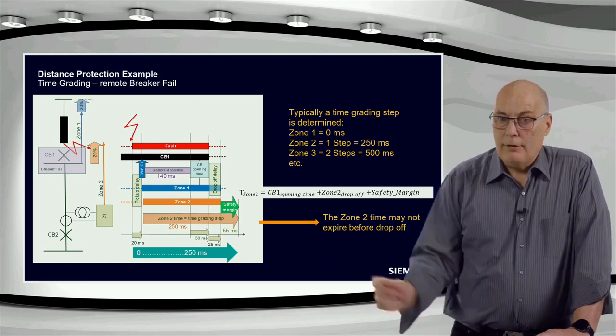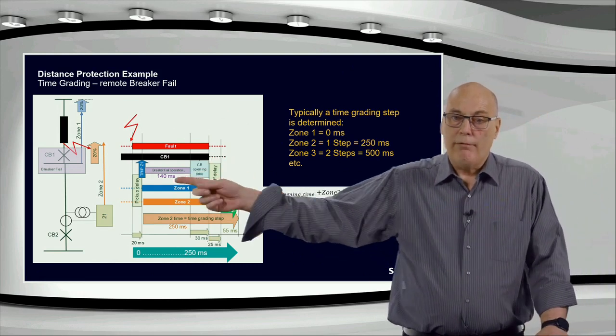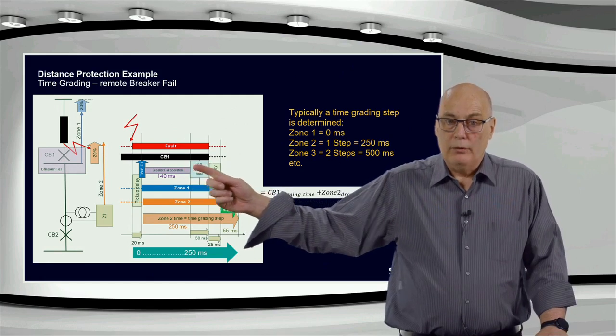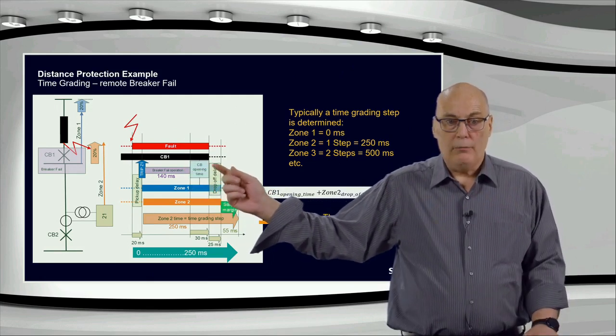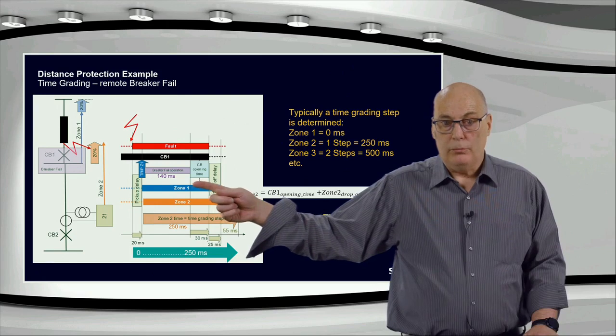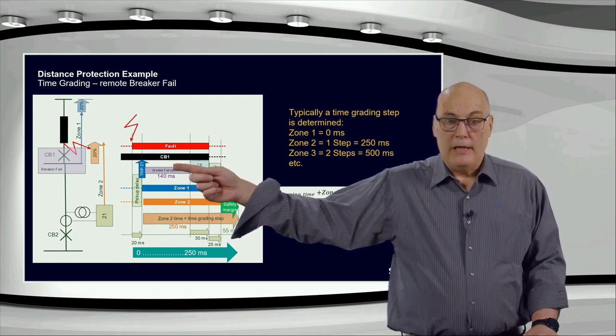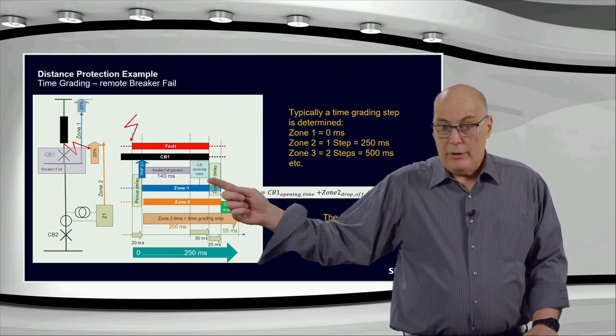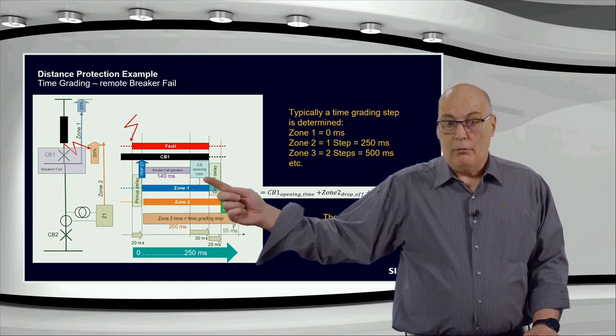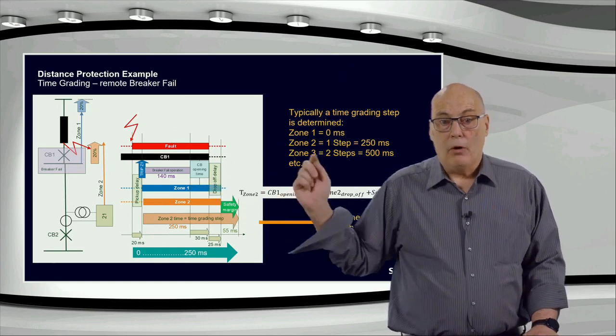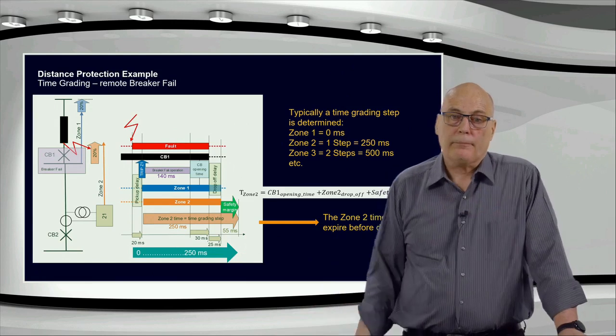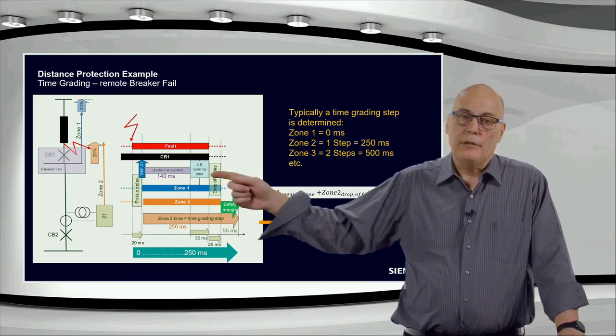If it hasn't cleared after 140 milliseconds, then the breaker failure will issue a breaker fail trip, the so-called T2 time trip, we call it, the breaker fail T2 trip, and that will typically clear the bus bar. Again, you need some circuit breaker time, because now this is going to be the circuit breaker time after the breaker failure trip. And you can see that would then reset around here.